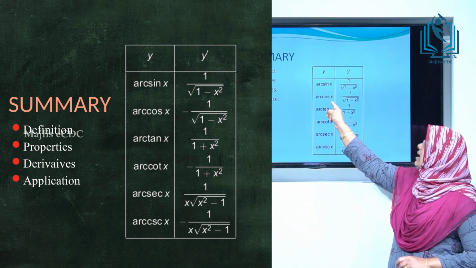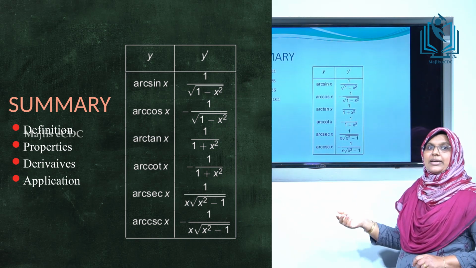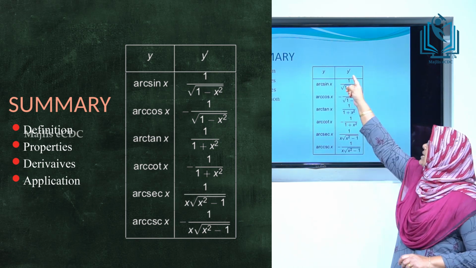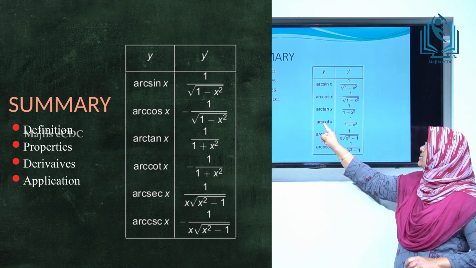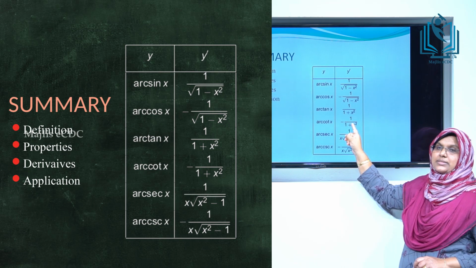For y equals arc cos x, y dash equals minus 1 by root of 1 minus x squared. For y equals arctan x, y dash equals 1 by 1 plus x squared. For y equals arc cot x, y dash equals minus 1 by 1 plus x squared.